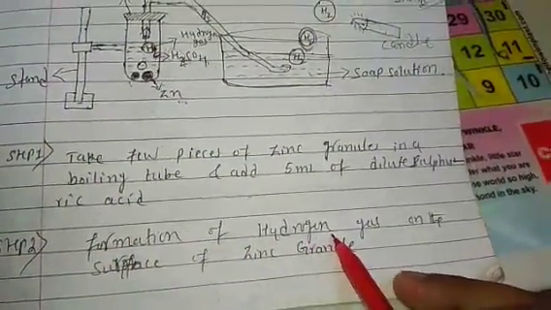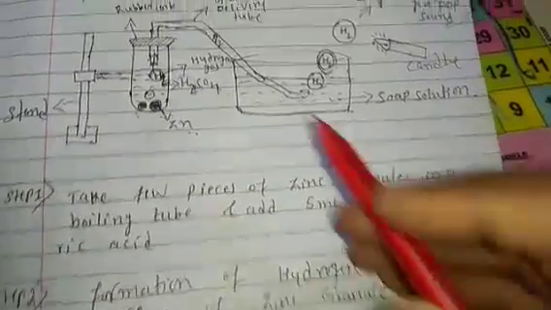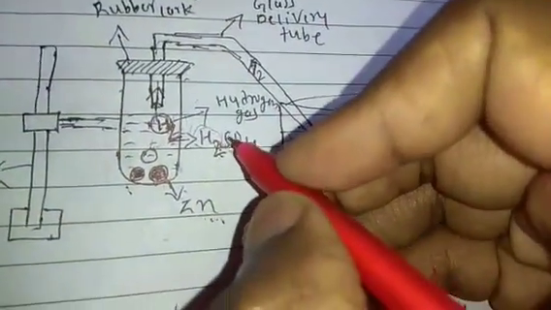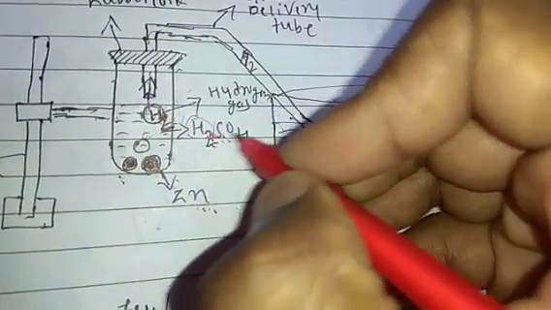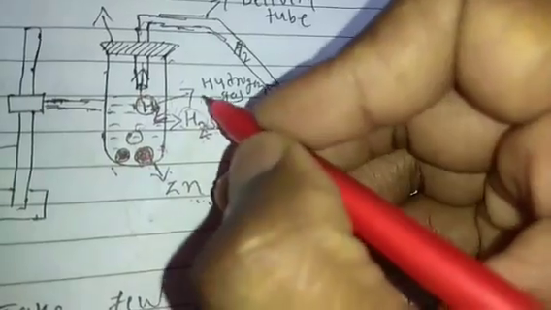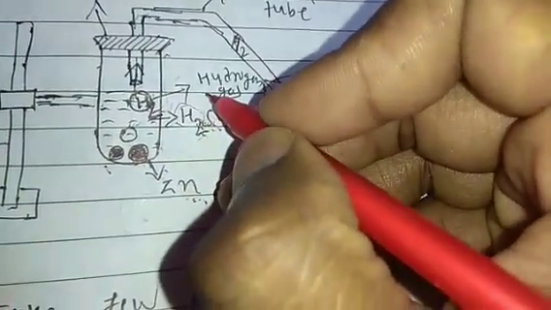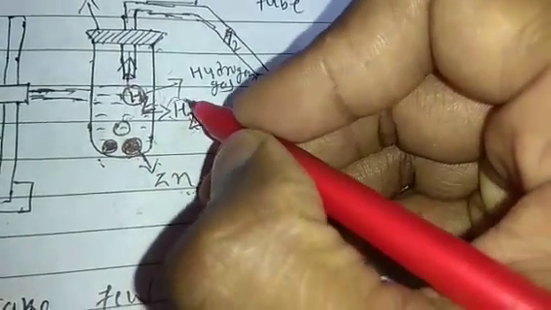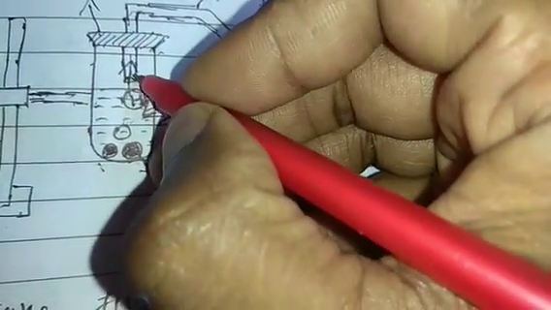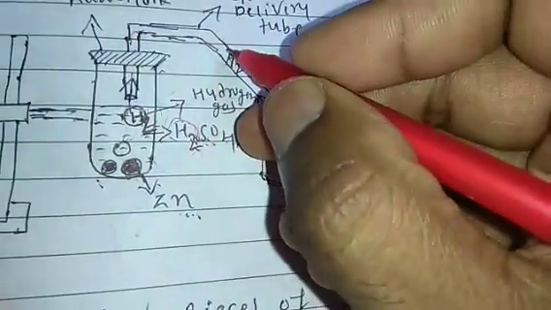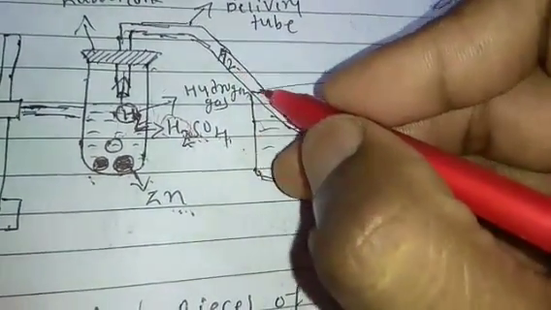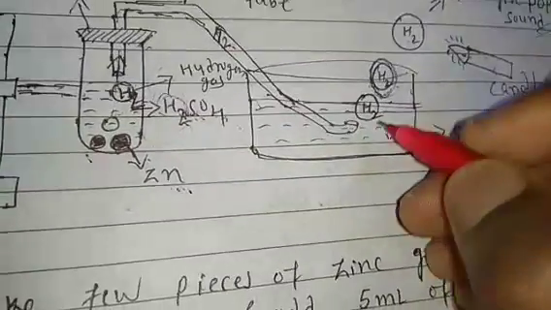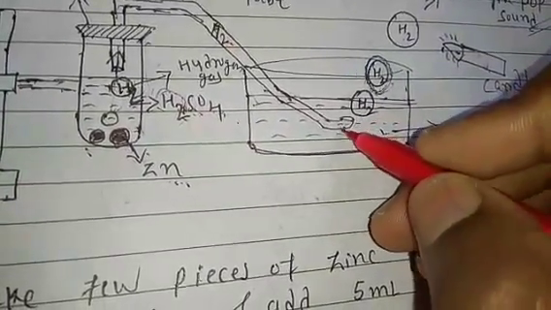Formation of hydrogen gas on the surface of zinc granules. When sulfuric acid is added to the zinc granules, the sulfuric acid dissociates into hydrogen and sulfate. Hydrogen gas separates and enters this delivery tube, H2 here, and enters the soap solution.